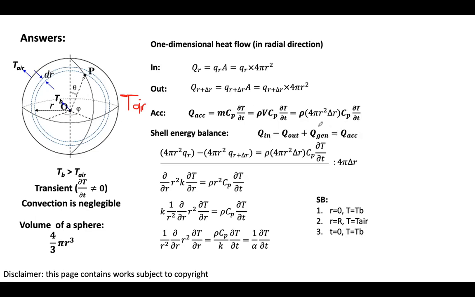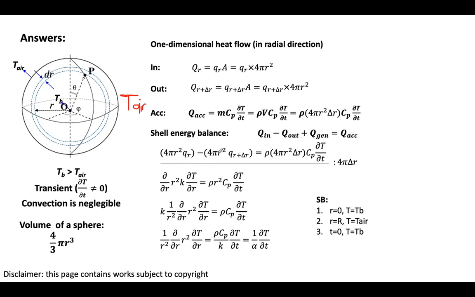Okay. So the shell energy balance would look like this: Q in minus Q out plus Q generation equal to Q accumulation. There's no Q generation over here, so we can just put the Q_r over here, and you have to make sure that r squared is different in the in and also in the out. So when you divide both sides, you divide only with 4 pi delta r. Okay, so over here you will end up with the differentiation.